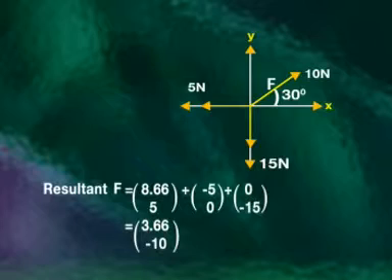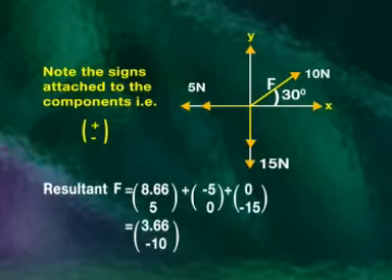Thus, the resultant F will be equal to 8.66 and 5 plus negative 5 and 0 plus 0 and negative 15. This gives us 3.66 and negative 10. Note the signs attached to the components.